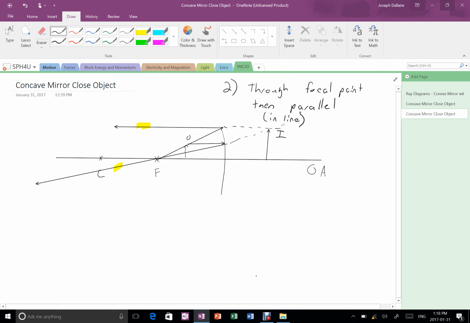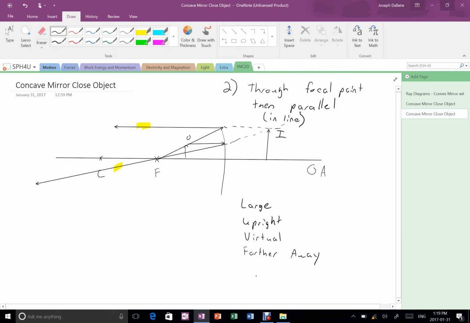It's a place where our eye assumes that object must have been if it was going to create these 2 divergent rays. What we can see in this situation is that that image is large, it's upright, it's a little further away than our object was, and this time, because it's not real rays of light converging in that location, it's virtual rays of light, we call this a virtual image.